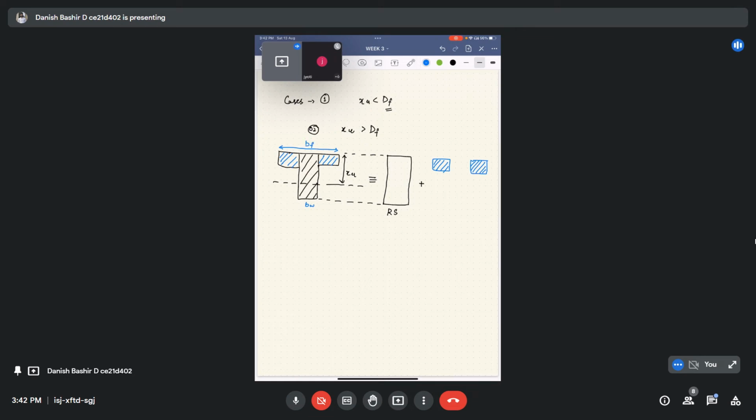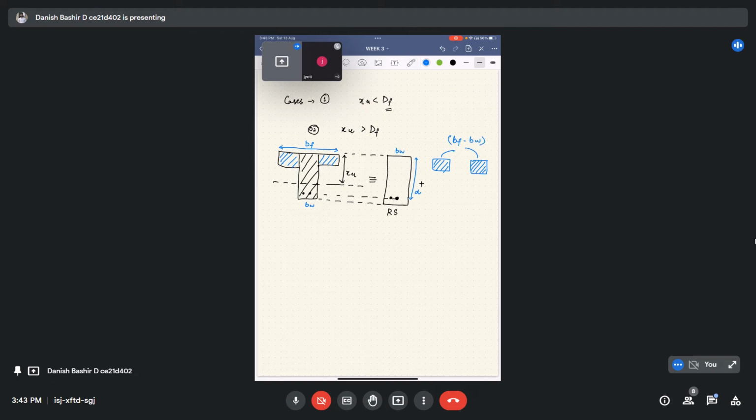So we got a rectangular section of width BW, effective depth, sorry, actually I have to show the effective depth only up to the centroid of the steel, effective depth D. Now look, from BF we have subtracted BW, so we got both these sections as BF minus BW.